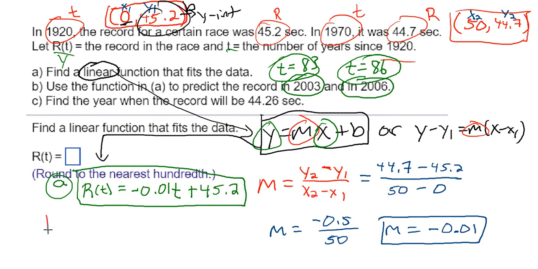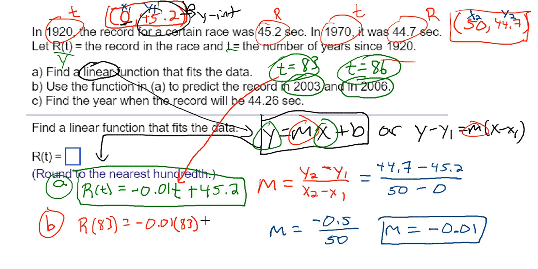So for part B, what we're going to do is plug this variable in for t and use this equation to make a prediction what the record is going to be in that particular year. So we'll have r of 83 equals negative 0.01. I have to slow down a little bit here so you can keep up with me.